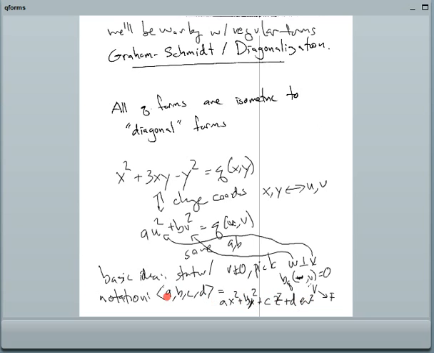So a list of four numbers corresponds to this form. And the great thing is that you can always write an arbitrary quadratic form in this way. So really the only information about what the form looks like is contained in these four numbers.